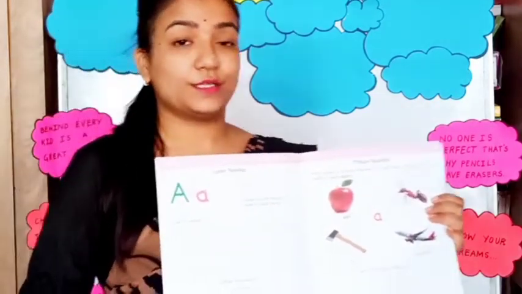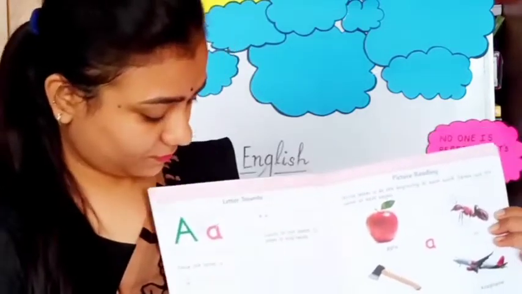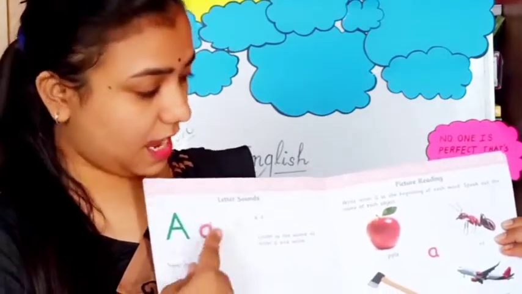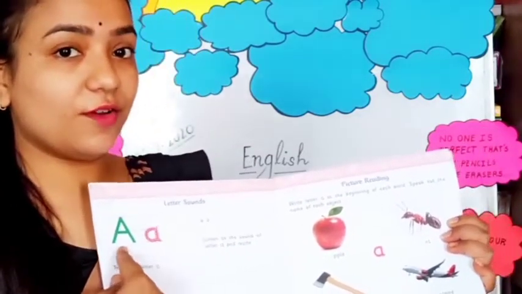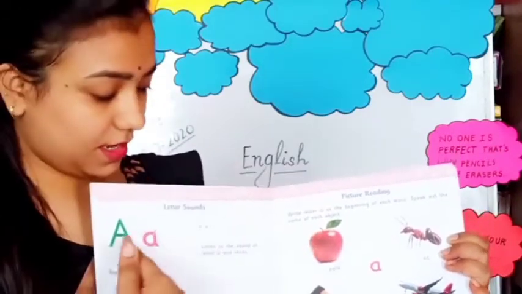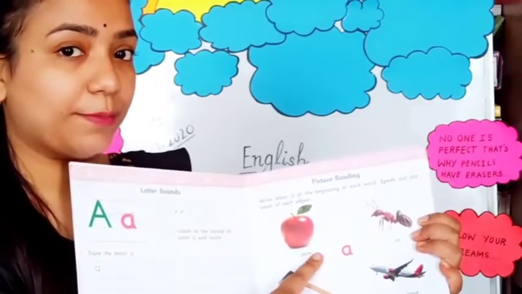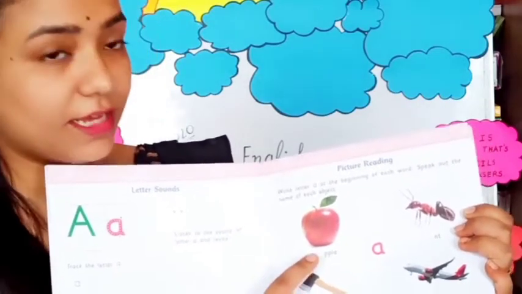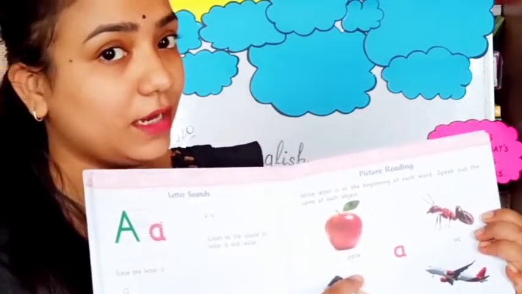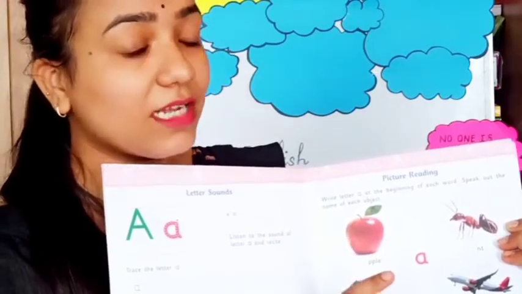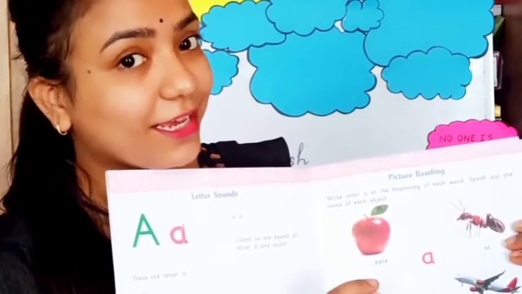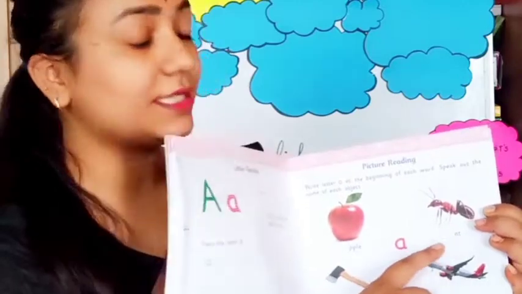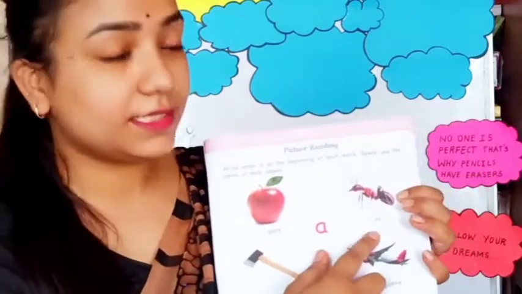Okay, so let's start. Capital A and small a. A is for apple. So here we will write a small A, double P L E, apple, because apple starts with the letter A. Now this is ant.